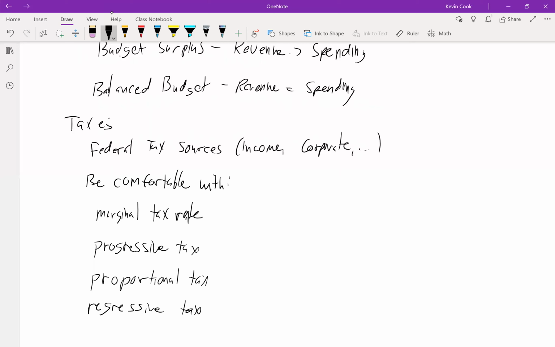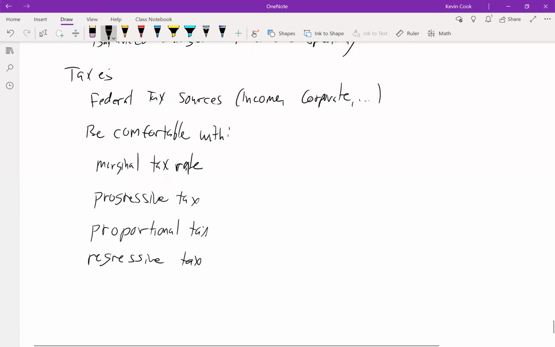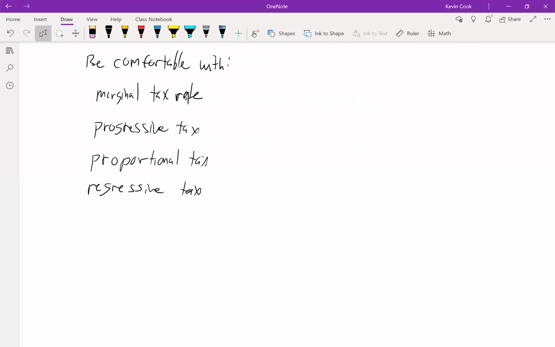So we have our tax systems and different types of taxes, but the next thing we looked at was types of fiscal policy. And we have two main types. The first being expansionary.